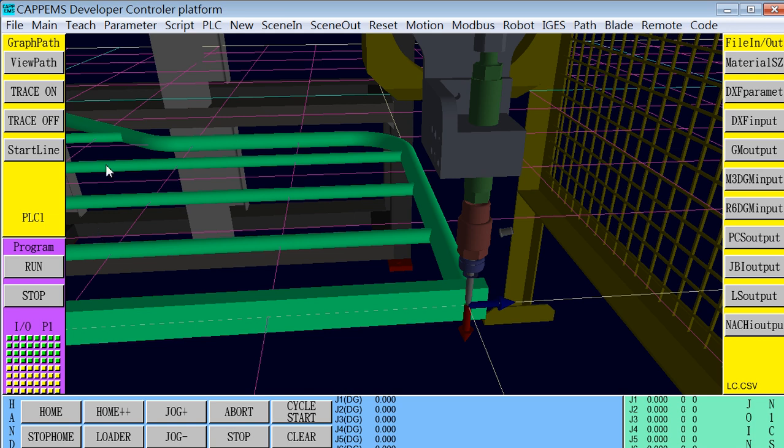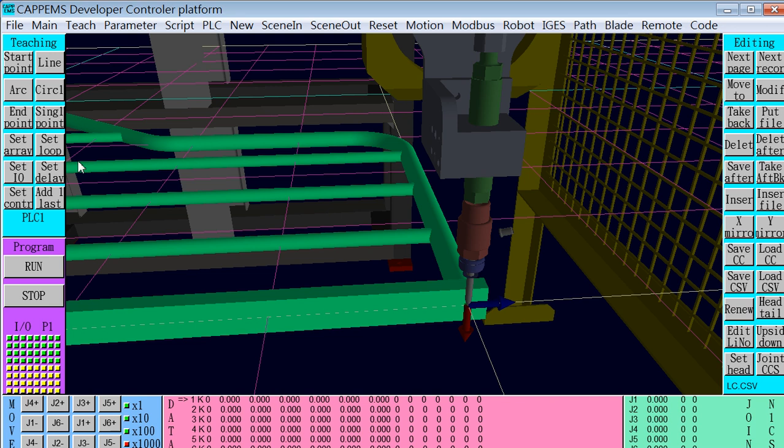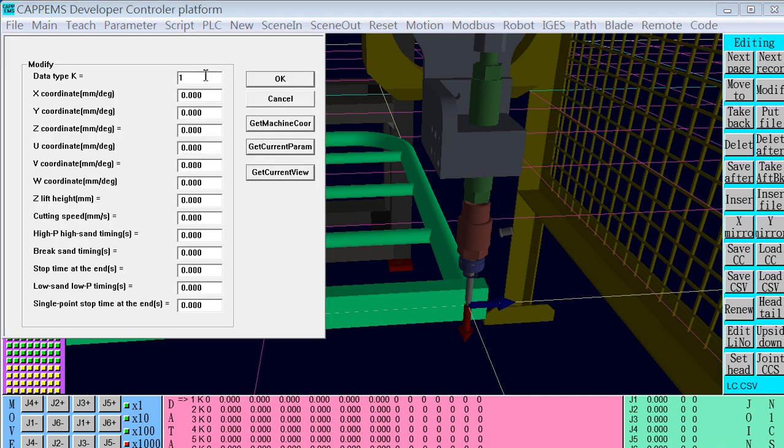Let's continue the teaching. Change to teach more using add one last. The K value gives 8. Get the current parameter to get the cutting speed, 100 millimeters per second.